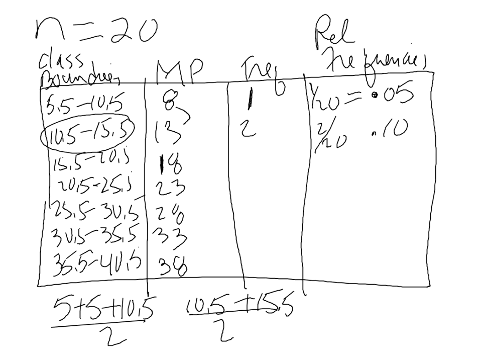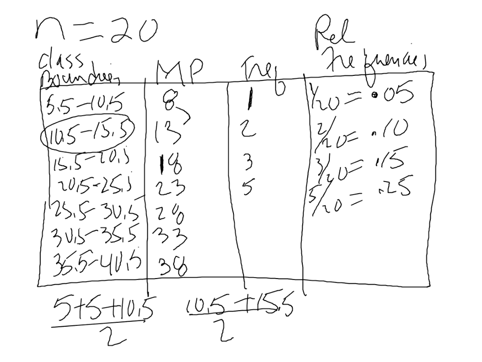And then in the next group, there were 3 runners. 3 out of 20 is 0.15. And then our next group, there were 5 runners. 5 out of 20 is 1/4, or 0.25.